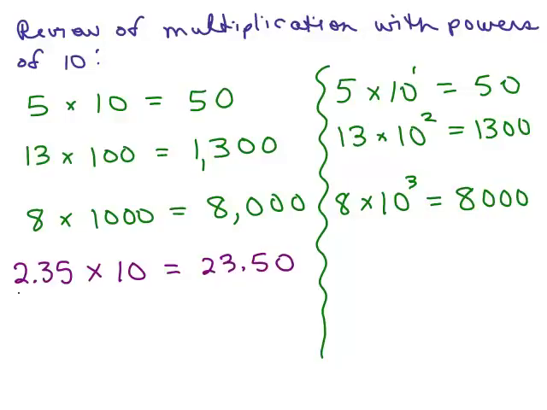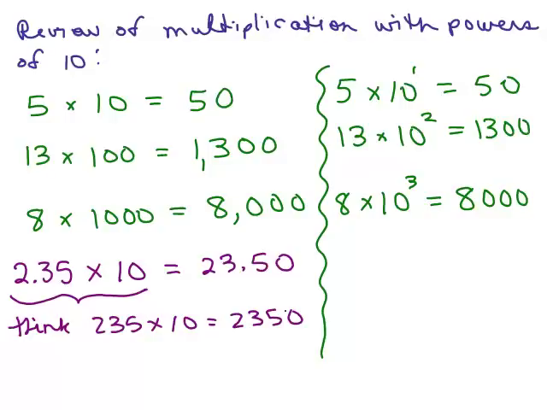Now, another way to do multiplication with decimals is you simply ignore the decimal and you do 235 times 10. So you think 235 times 10, which is 235, tack on the 0.